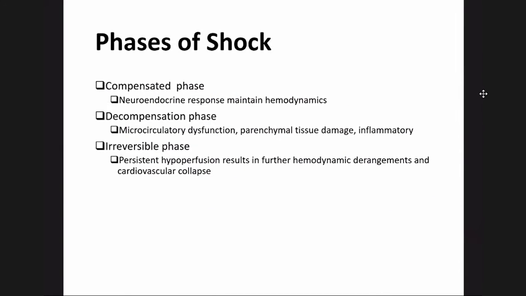So we have here the compensated phase, where the neuroendocrine response maintains hemodynamics. We also have the decompensation phase, which is microcirculatory dysfunction, parenchymal tissue damage, and inflammatory activation. And we also have the irreversible phase, where persistent hypoperfusion results in further hemodynamic derangement and cardiovascular collapse.